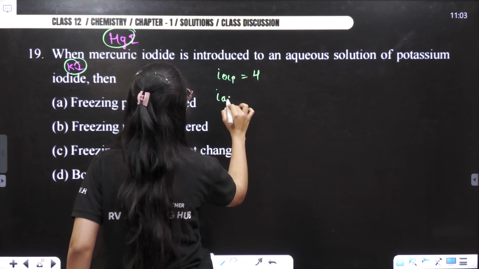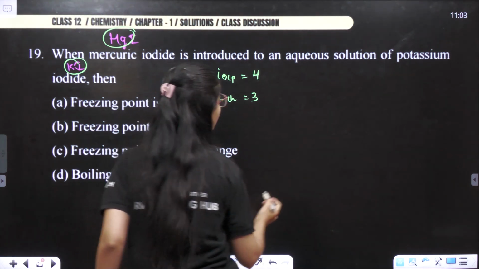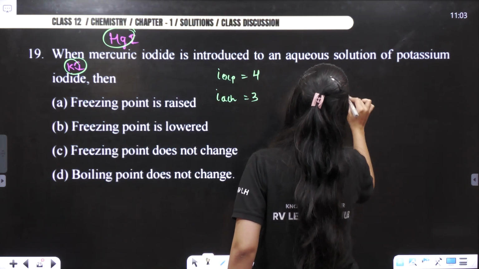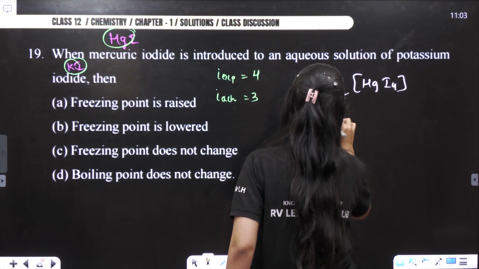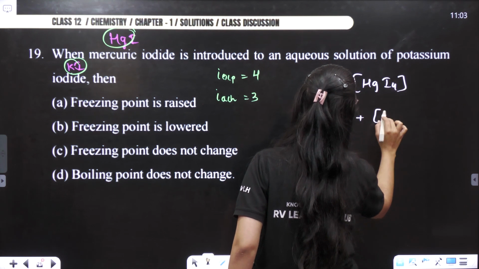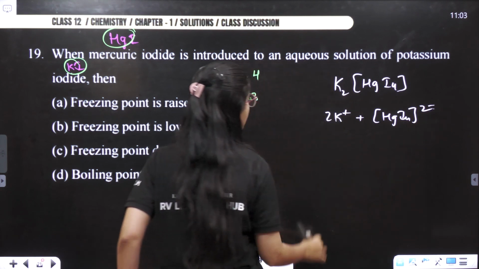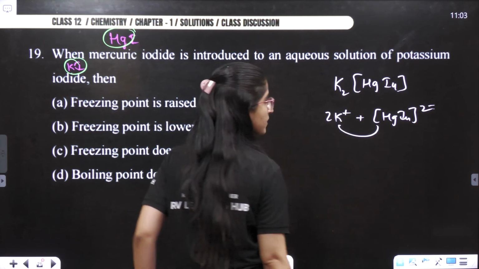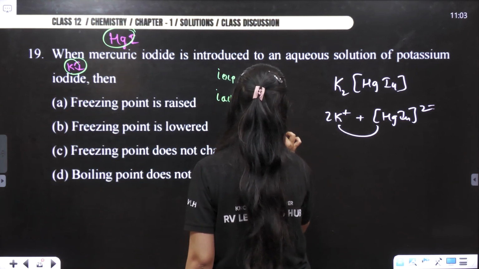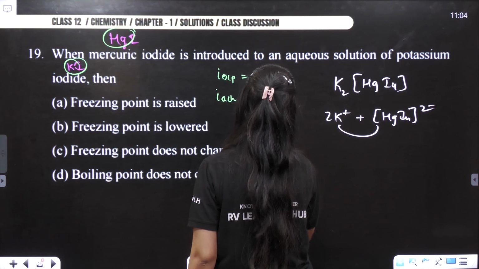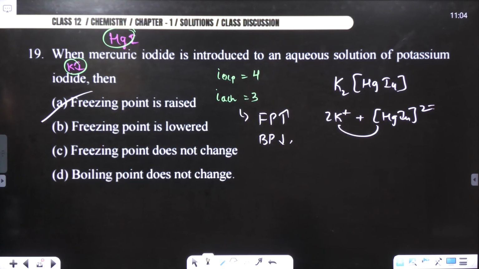But actually the i value will be 3, because when these combine, they react to form a complex K2HgI4, and this will dissociate to form 2K plus and HgI4 2 minus. So it is forming 3 components. As the i value is decreasing, the freezing point must increase and the boiling point must decrease. So the correct option is that the freezing point is raised.